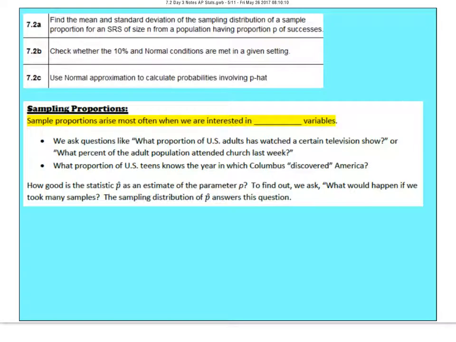If you remember back in chapter 1, you had to distinguish between a quantitative and a categorical variable. And this is why. You're going to have to start realizing what type of information we're looking at. Sample proportions arise most often when we're interested in categorical variables. Why do you compute a proportion? Well, if you ask a question like, what proportion of the U.S. had watched a certain TV show?